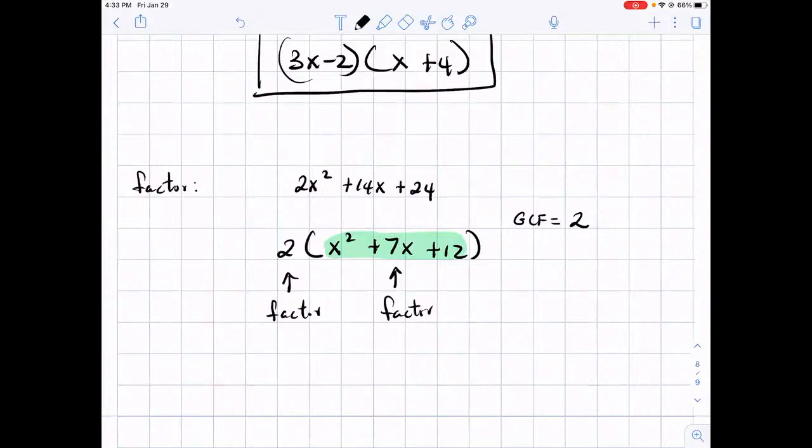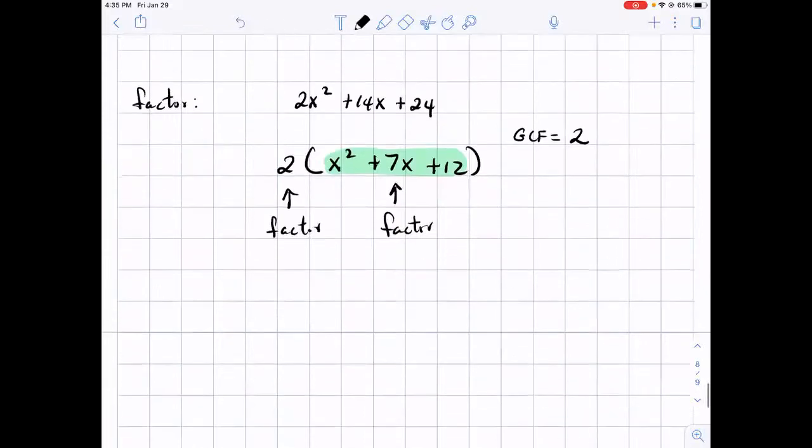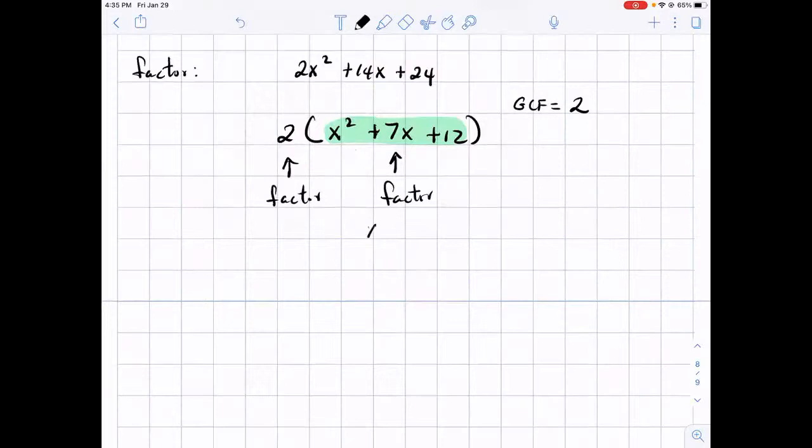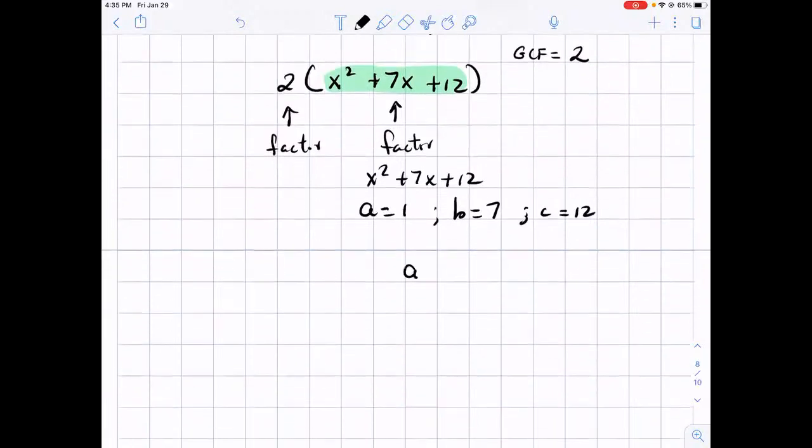That's the point. So if we look at x squared plus 7x plus 12, we notice that this is a quadratic. So a here is 1, b is 7, and c is equal to 12. If we multiply a times c, this is equal to 1 times 12, which is positive 12.